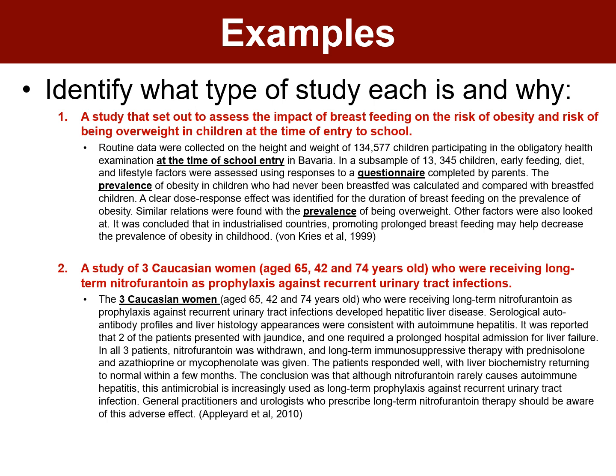In a subsample of 13,345 children, early feeding, diet, and lifestyle factors were assessed using responses to a questionnaire, right, completed by parents. The prevalence of obesity in children who had never been breastfed was calculated and compared with breastfed children, right?